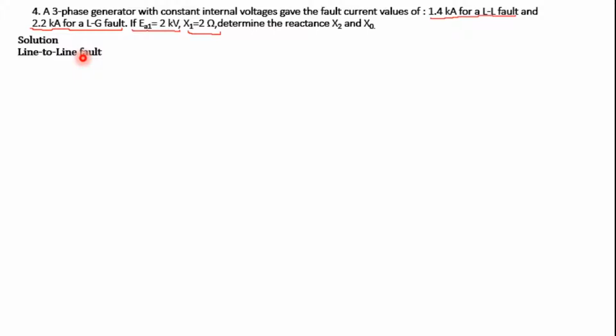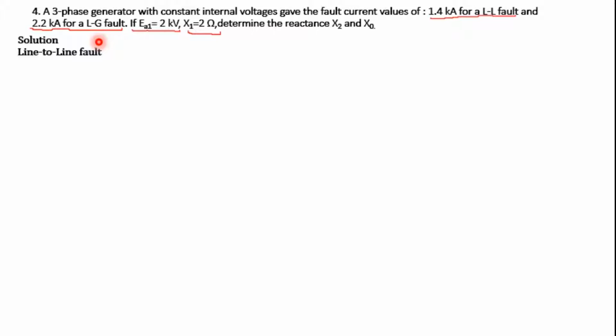Why do we need to consider the line to line fault, why not the line to ground fault? Because in the case of the three phase fault, we can calculate only X1, and in the case of double line fault, we can calculate two things, that is X1 and X2.